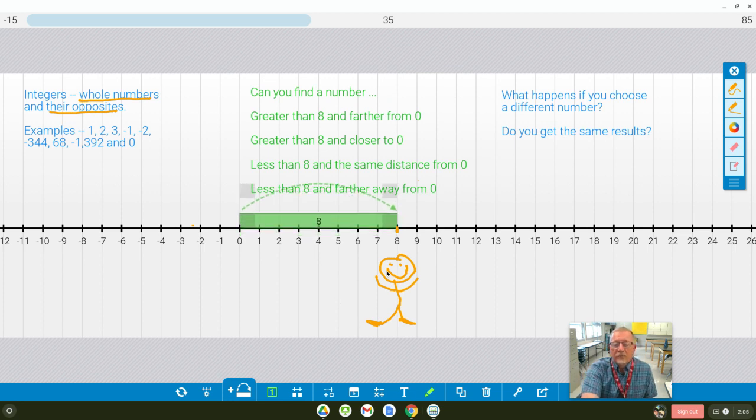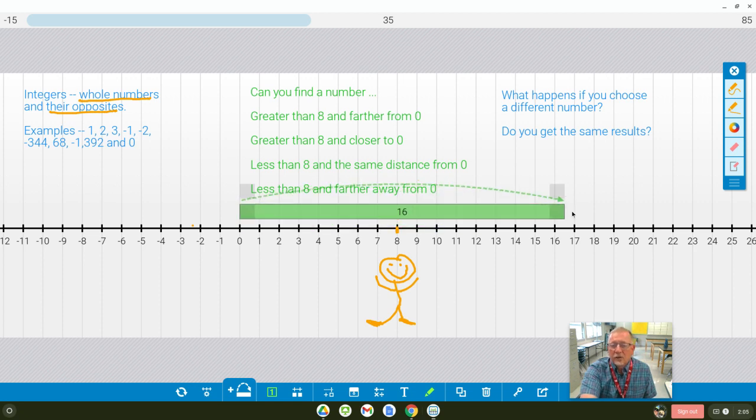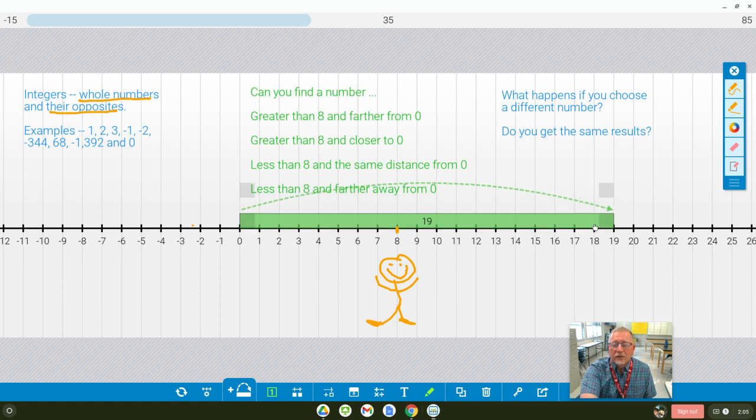It's 8 away from 0. Can we find a number that is greater than 8, that is farther away from 0? Well, certainly we can. 9 is greater than 8, and it's farther away from 0. Or 10 or 11 or 12 or any of the numbers here, they're greater than 8 and they're farther away from 0. So we can do that.